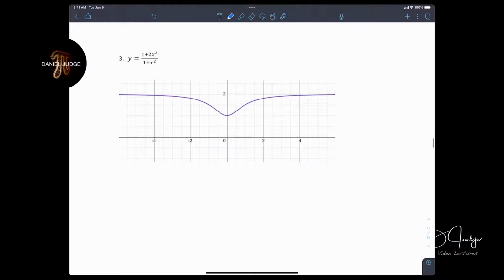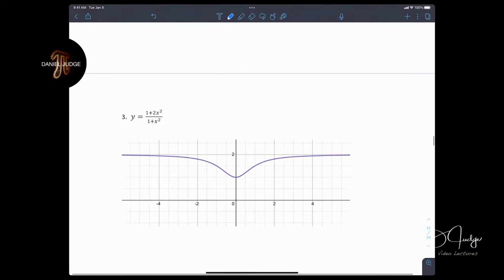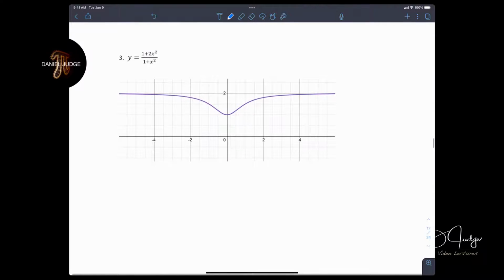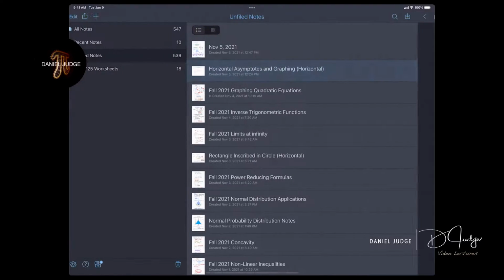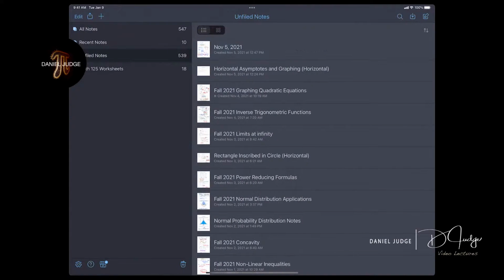Okay, so this is the function for number 3. We'll see how this goes. This is 1 plus 2x squared over 1 plus x squared. But I'm going to start to do some of the work on the scratch paper. So let's go to the scratch.